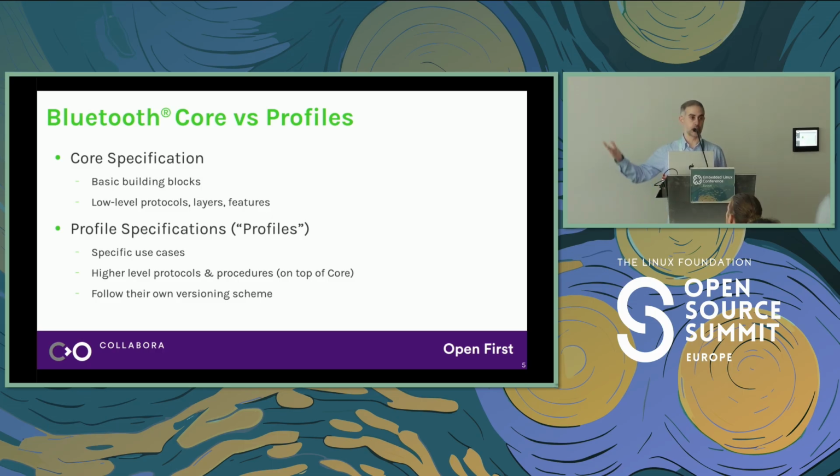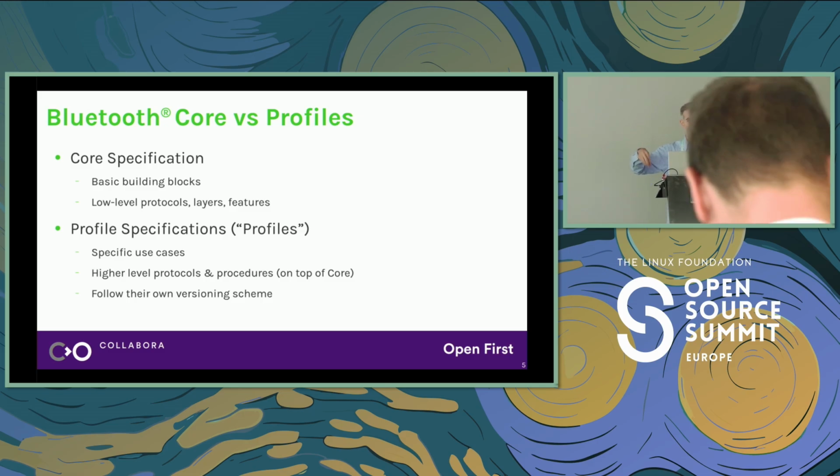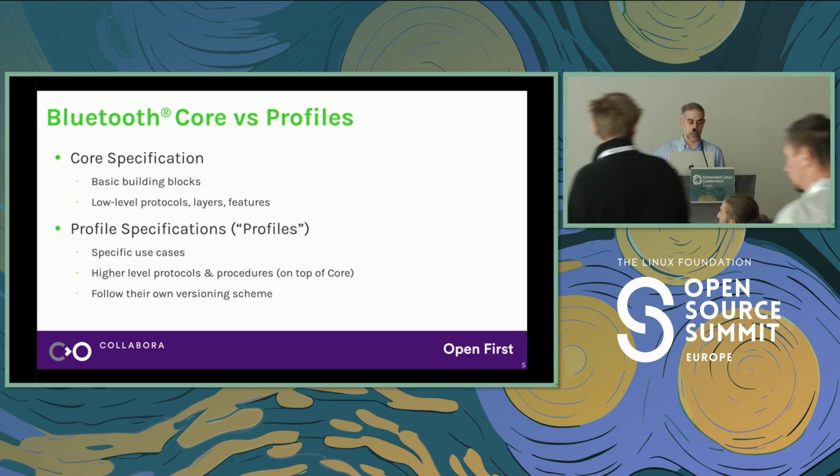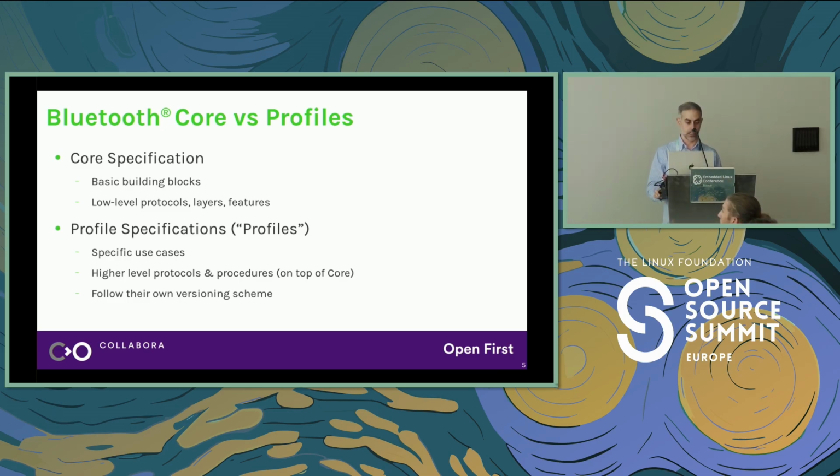So the audio stuff basically are profiles. They build on top of the core. They are not essential functionality to get Bluetooth working. They're just optional features that you can add on. They target specific use cases, and they are mostly high-level protocols on top of core.